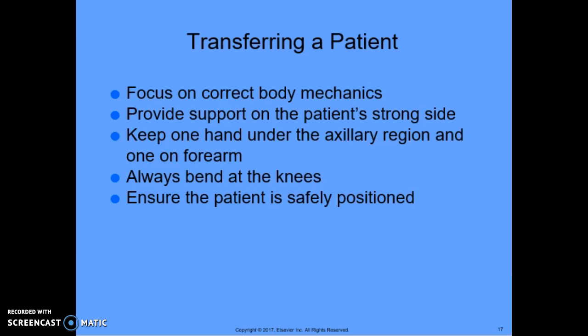You keep one hand under the axillary region and one on the forearm. Always, always bend at the knees and ensure that the patient is safely positioned and safe before you stop assisting them. And sometimes we will also use a gait belt when we're transferring a patient. We'll talk more about that.